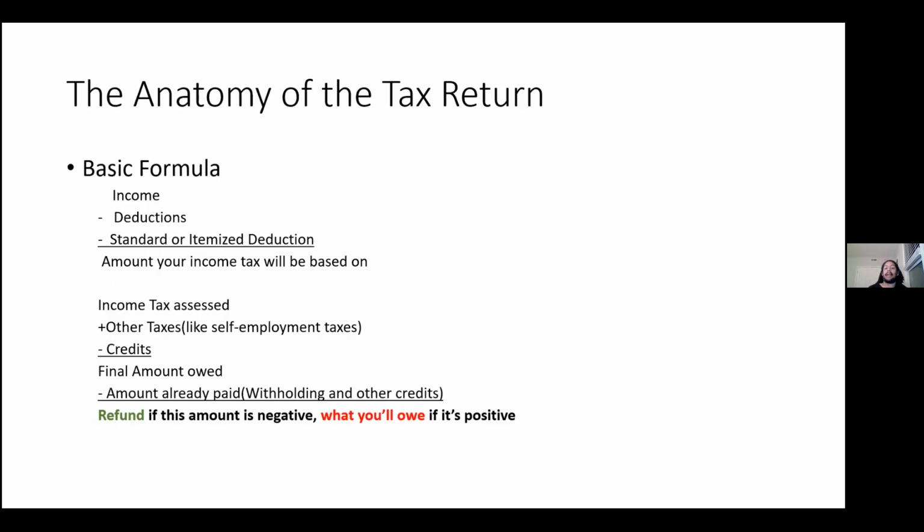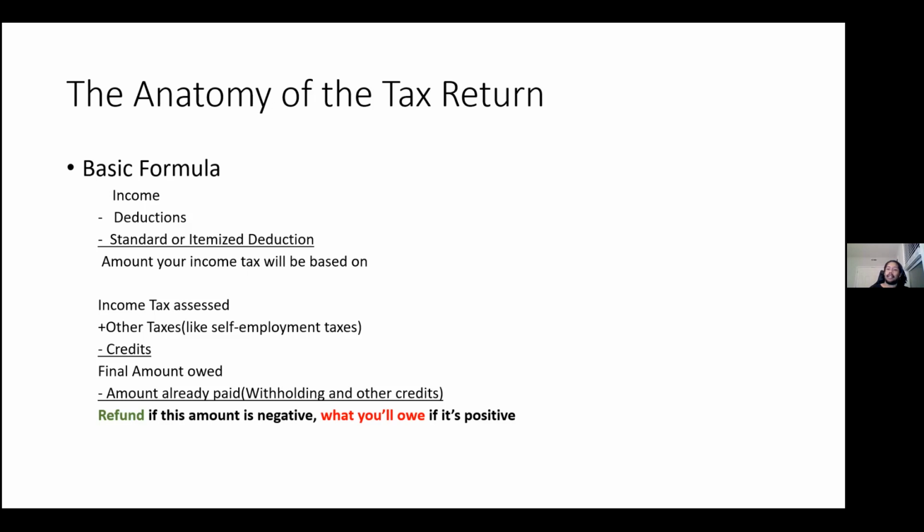So I talked about the anatomy of the tax return. People look at taxes and say, "Oh, it's so complicated," but all it really is is a main form, which is the 1040, supported by forms and schedules. While somebody with nothing happening could use just the 1040 to file their taxes, people who have a lot happening need to fill out schedules and forms, and those totals will feed into the main form.